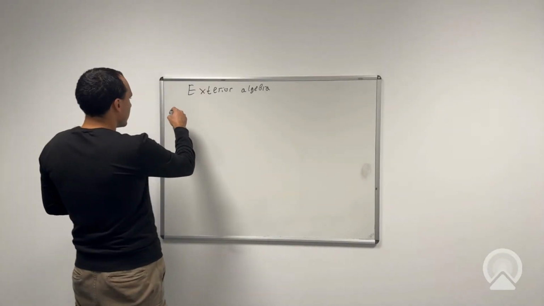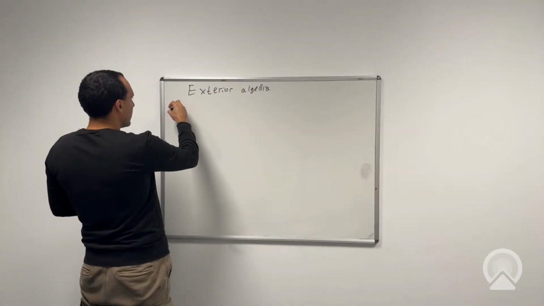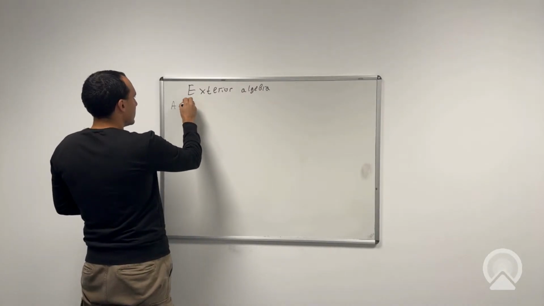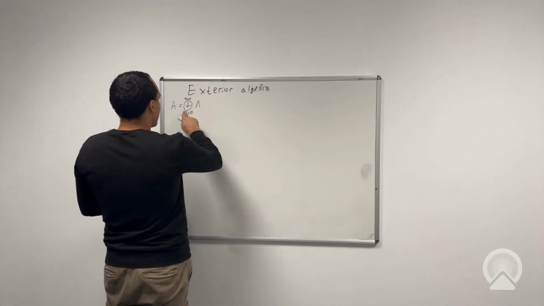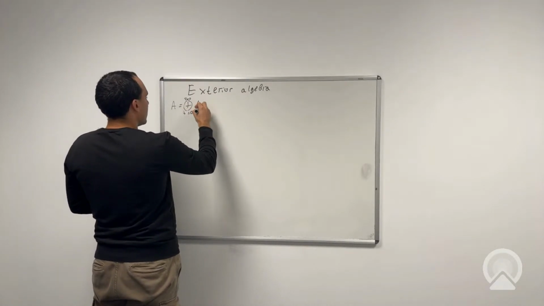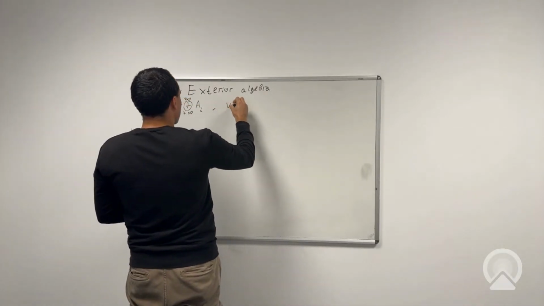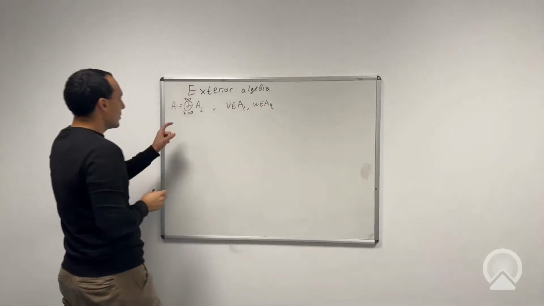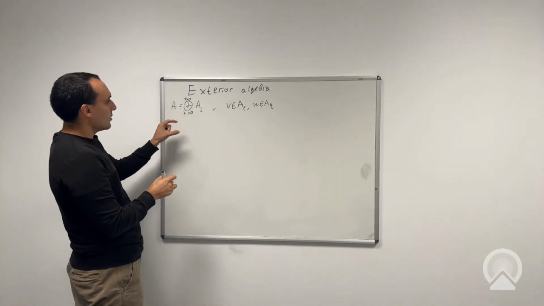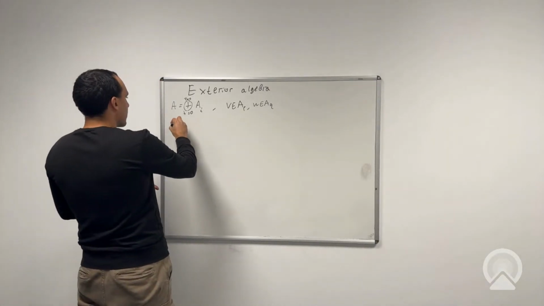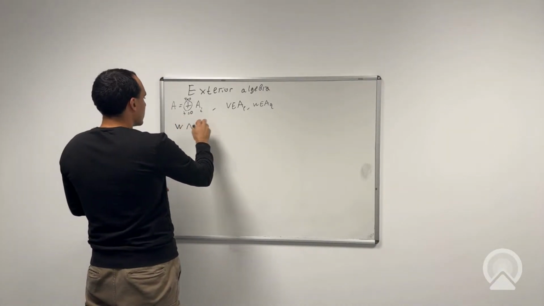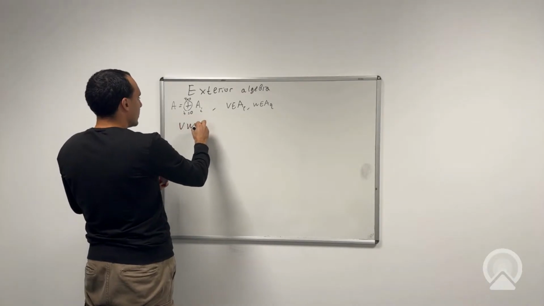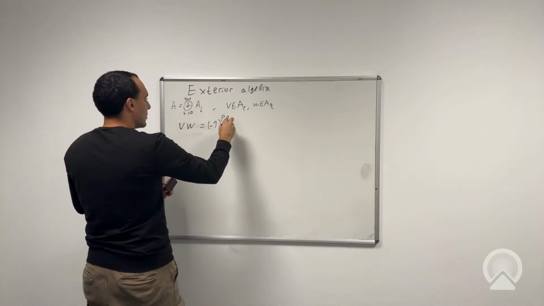I'm just going to remind that if we have some alternating algebra A, and V is in A^p, and W is in A^q, so we have pure elements of degree p and q, then VW is minus 1 to the power of p times q, WV.